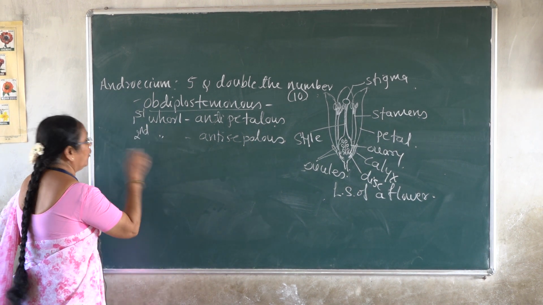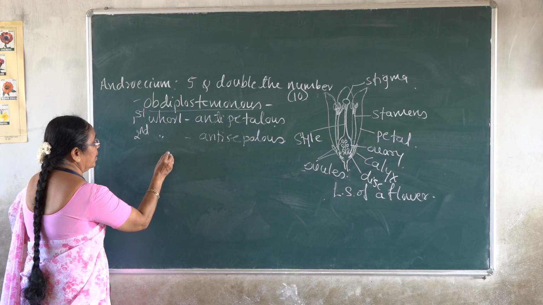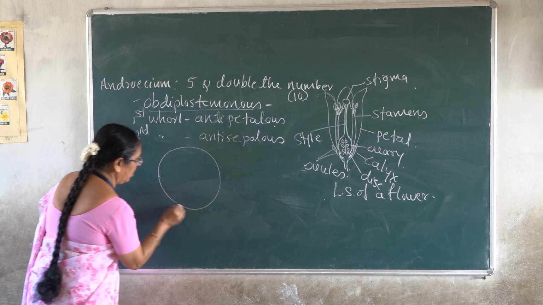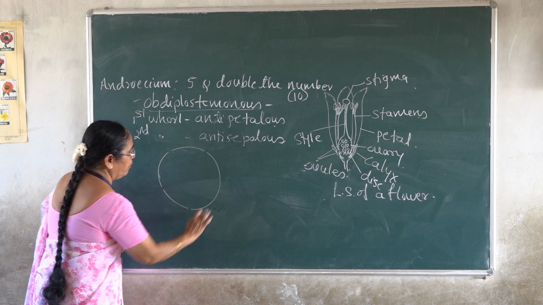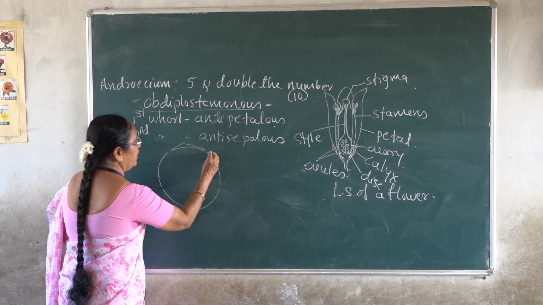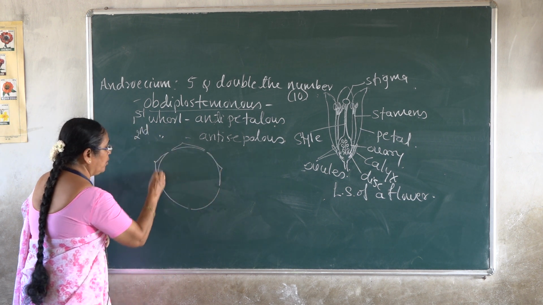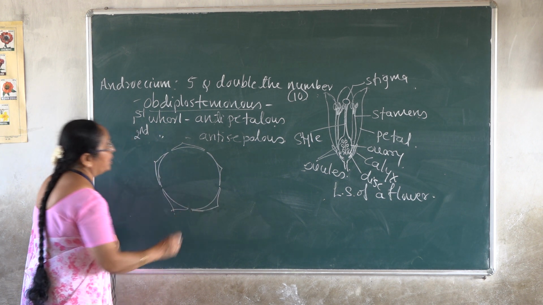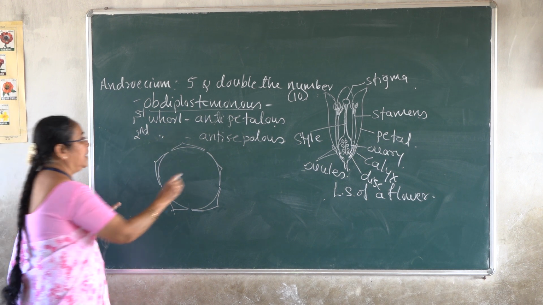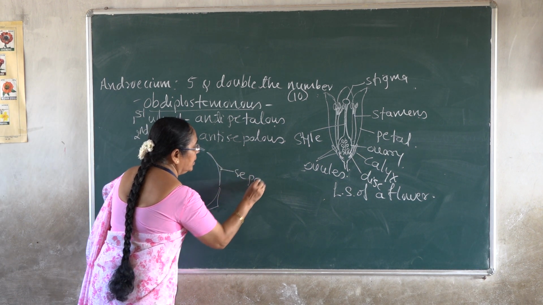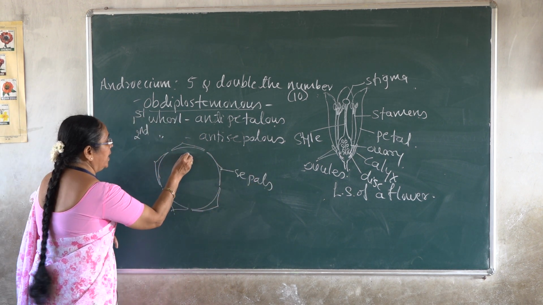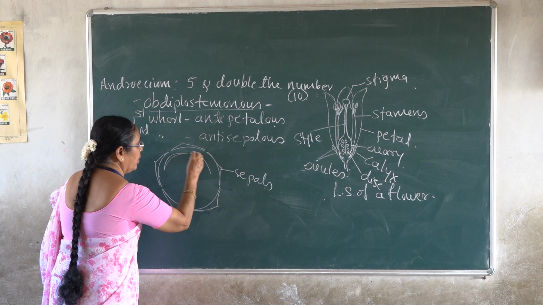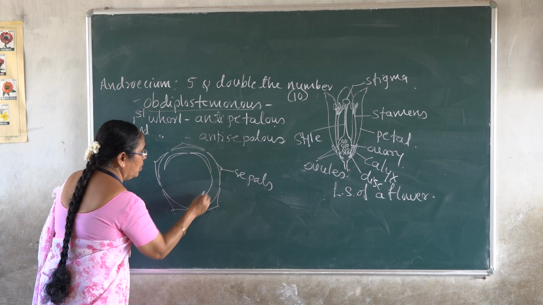I will draw it for you. This is the calyx made up of 5 sepals. I am not drawing the imbricate estivation, it is just a diagrammatic representation to show the obdiplostaminous condition. Suppose these are the sepals. This is the calyx. The petals will always alternate with the sepals. These are the 5 petals.